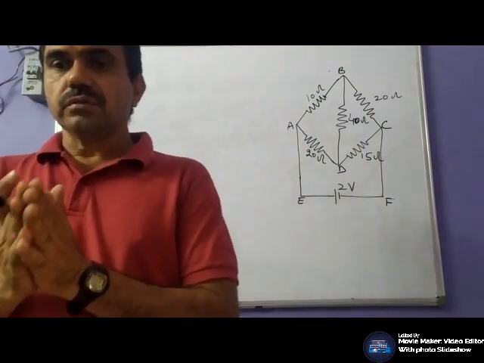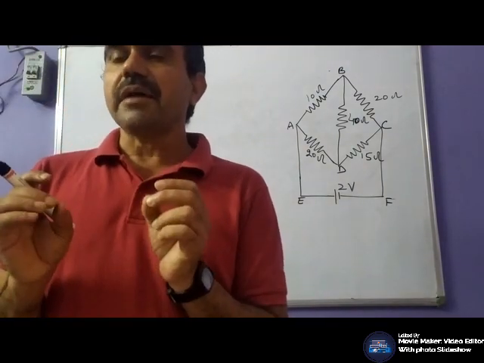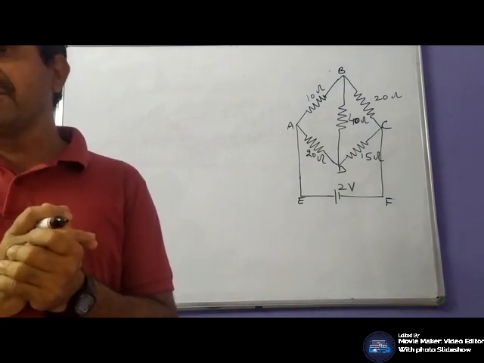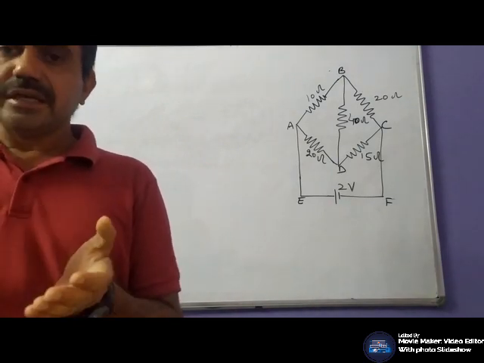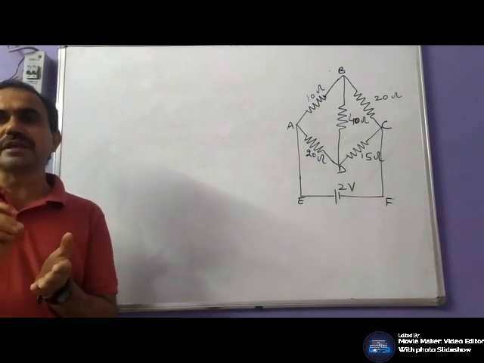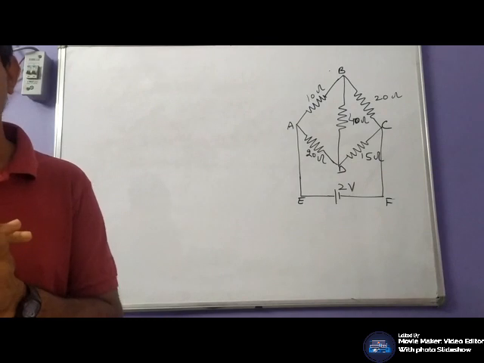You have to select the minimum number of loops in the network, ensuring each branch is considered once.